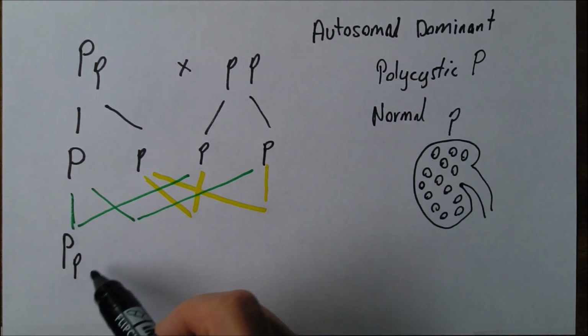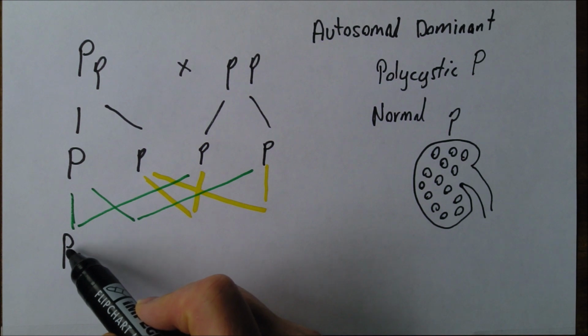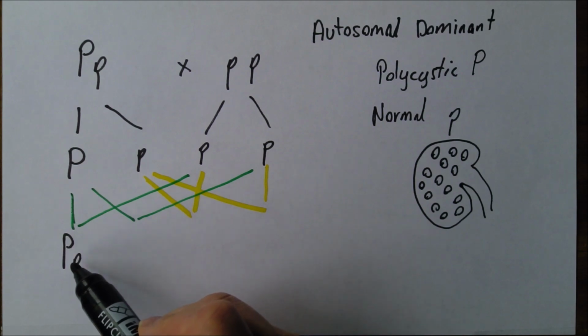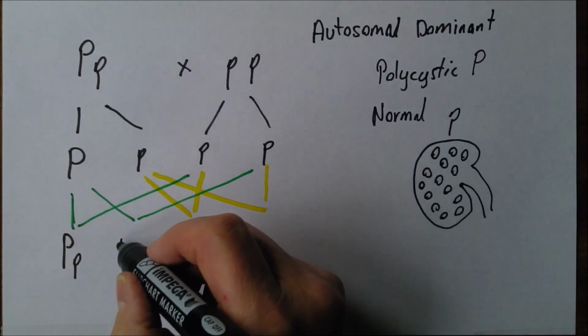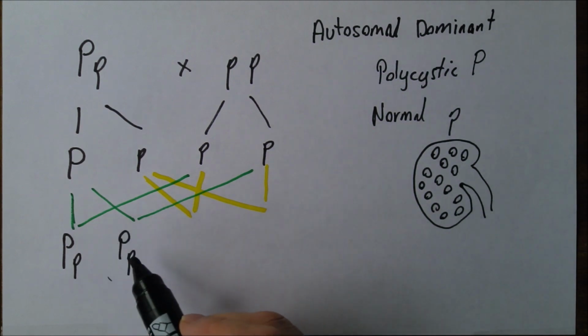This person is genotypically heterozygous, and because they carry one copy of the dominant disease gene, phenotypically they will be a sufferer. And it's the same here, large P, small p. So again, genotypically heterozygous, phenotypically suffering from polycystic kidney disease.